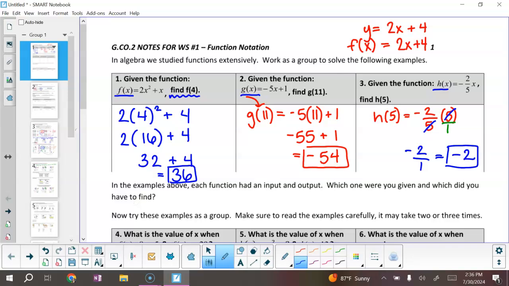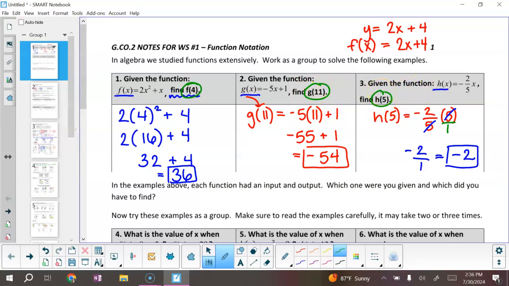Okay. I'm hoping that this is just using words that will help make this a little bit obvious to you, okay? But what did we put in for all of those equations? We put in values for x, right? We put in a 4, and we put in an 11, and we put in a 5. So all of those values that they had here, all of these would have been what we put into the equation.